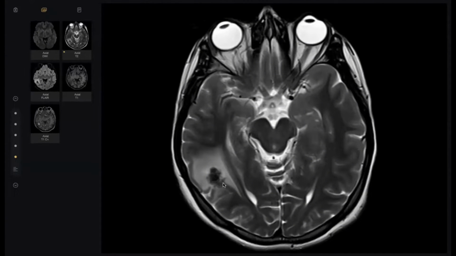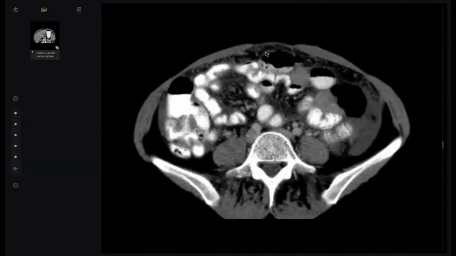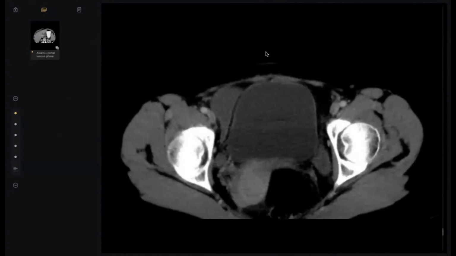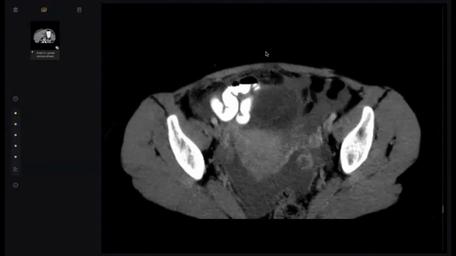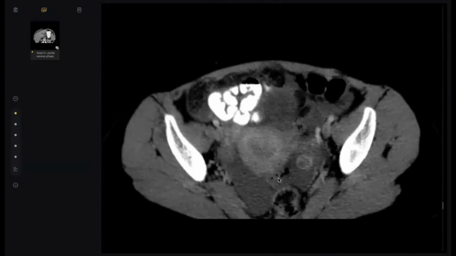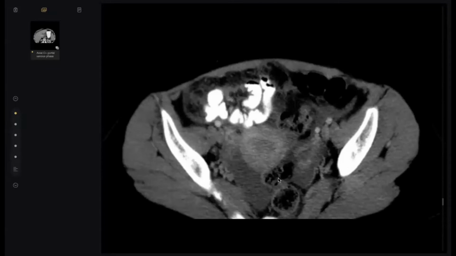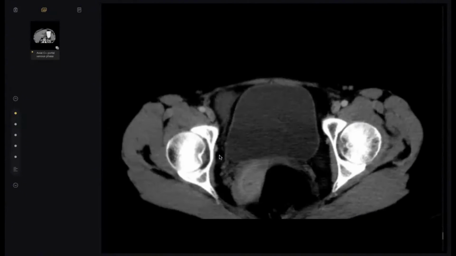I will repeat the history from the beginning. We start with abdominal CT. The only finding is pelvic abdominal ascites, and some enhancement maybe related to the ovaries, maybe infection. We don't know. There is no clue to rule out or indicate something.